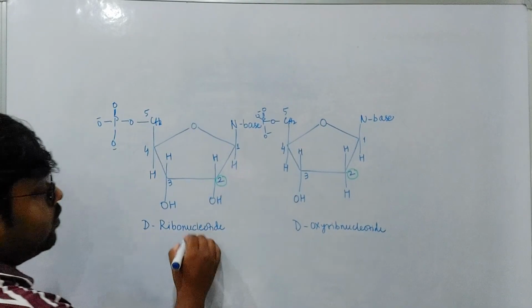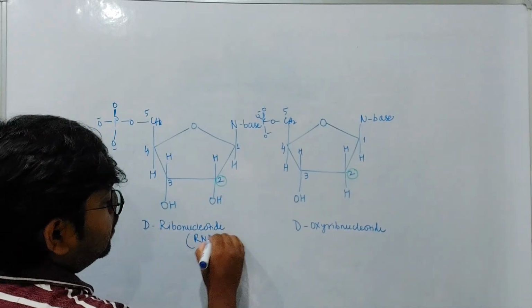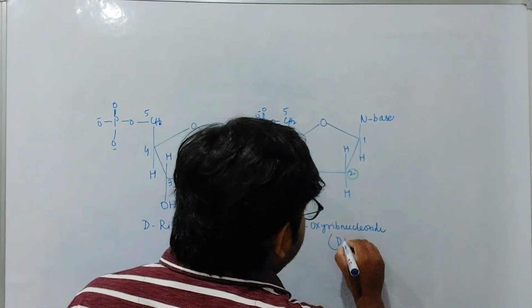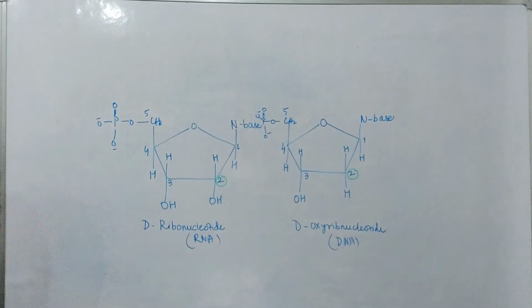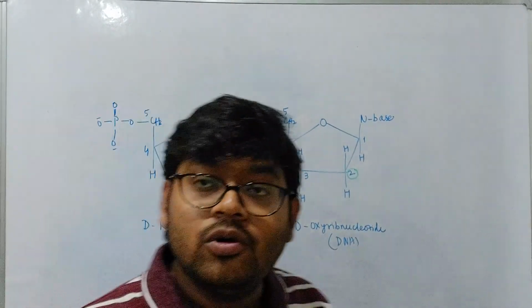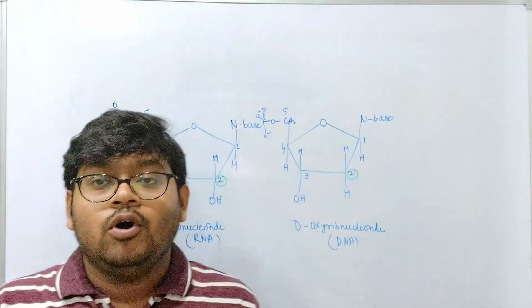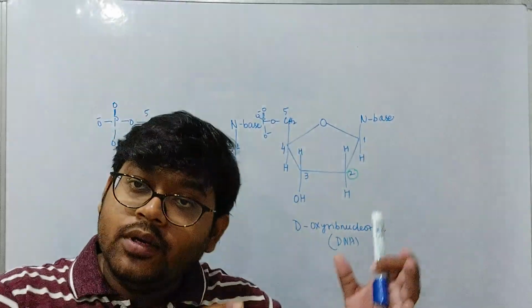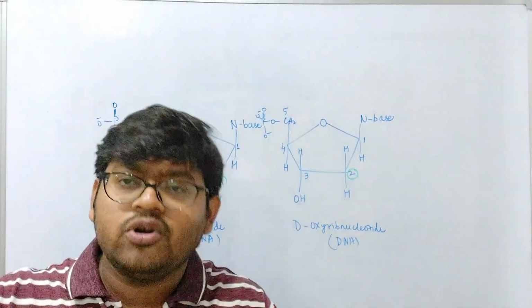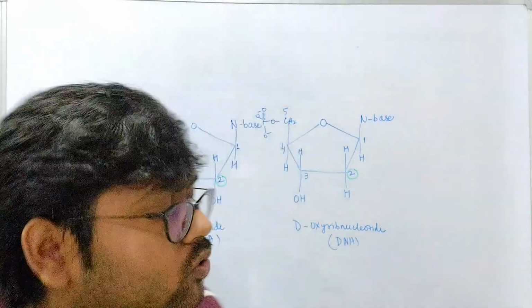This is found in RNA, and this is found in DNA. So now our job is to combine these nucleotide units to form a nucleic acid or a part of a nucleic acid. So how to combine?